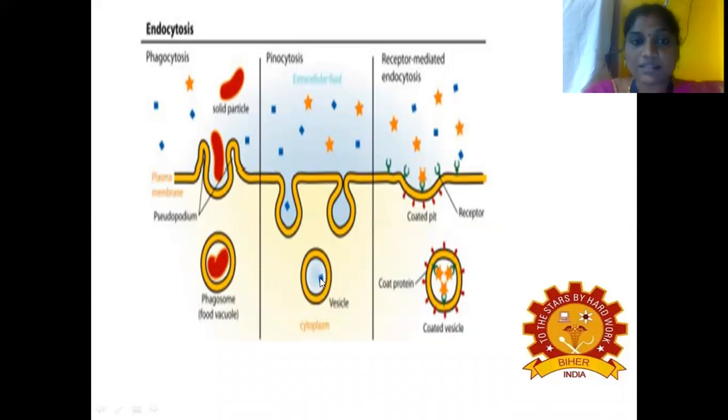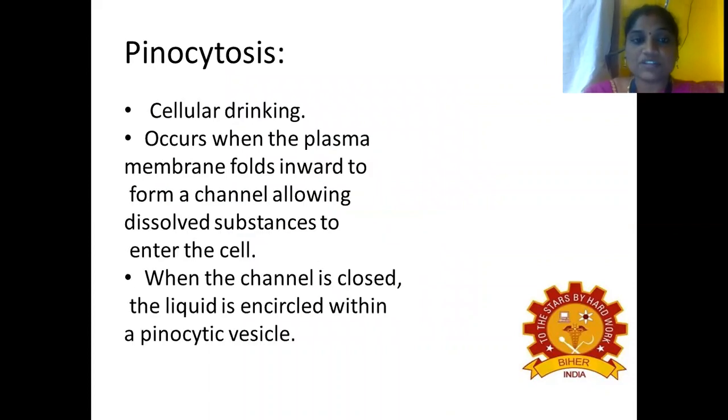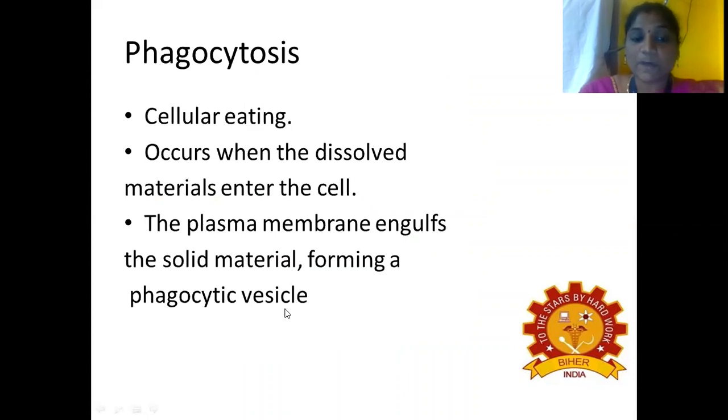So this is phagocytosis and pinocytosis. Phagocytosis is called cellular eating because only solid materials are taken inside the cell, whereas pinocytosis is called cellular drinking because liquid substances are taken inside the cell. Here the channel is closed and the liquid is encircled within a pinocytic vesicle, whereas here it forms a phagocytic vesicle.